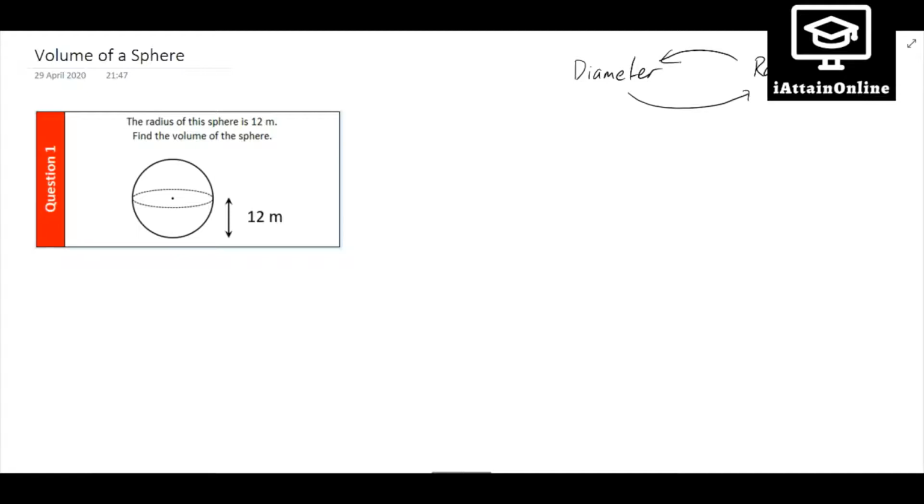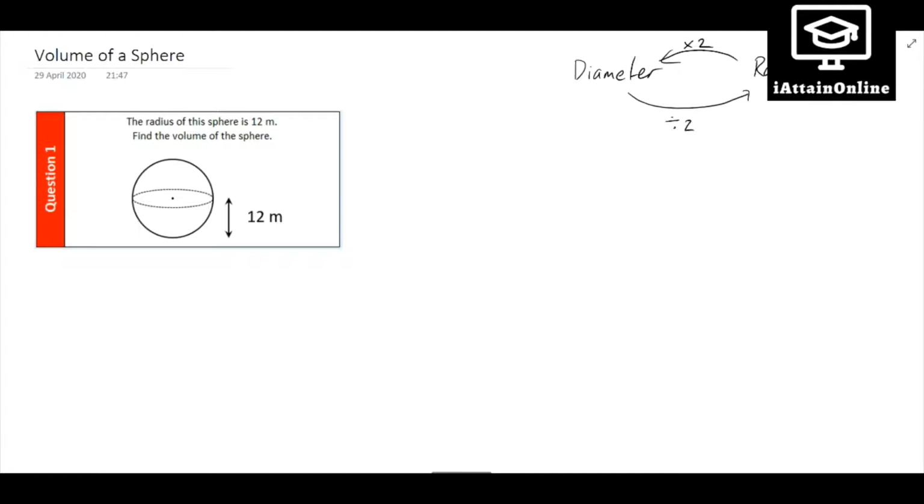So remember, the diameter is from one point on a circle, or in this case on the surface of a sphere. It must go through the center and it goes all the way to the other side. The radius is always half of that. The radius goes from the center to the surface of the sphere. So if I give you the radius, you want the diameter, you double it. If you get given the diameter and you want the radius, you half it.